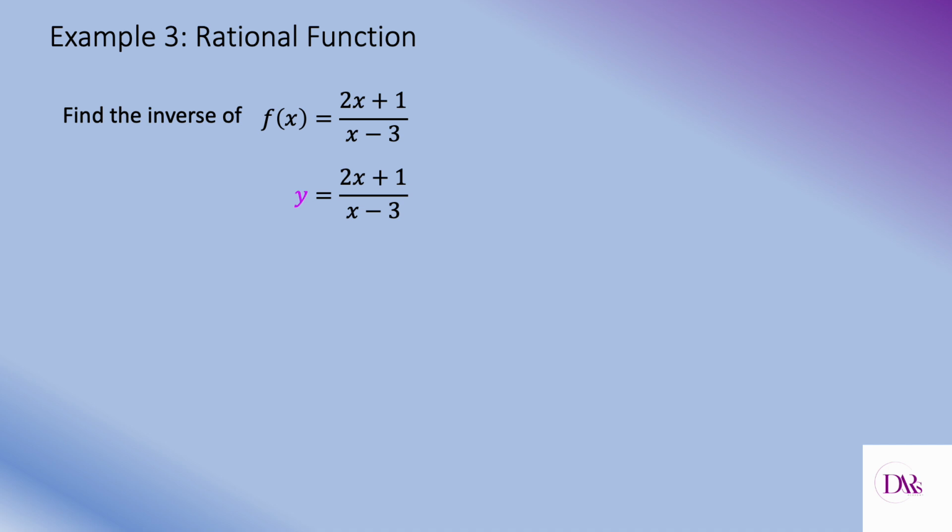Now before we swap our x and y, let's simplify this rational function first. In order to do that, we will multiply x minus 3, which is in the denominator, on both sides. And here's our result. We have y in parentheses x minus 3 equals 2x plus 1. Now we're ready to swap our x and y.